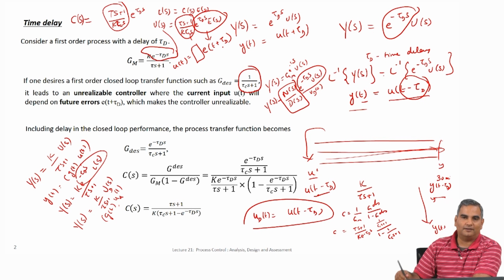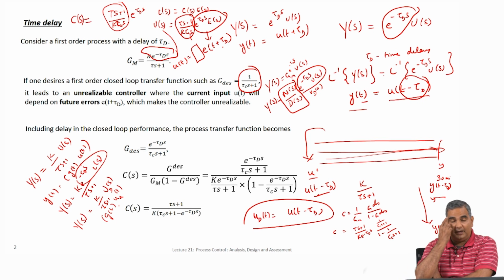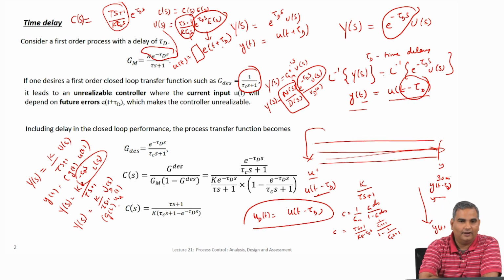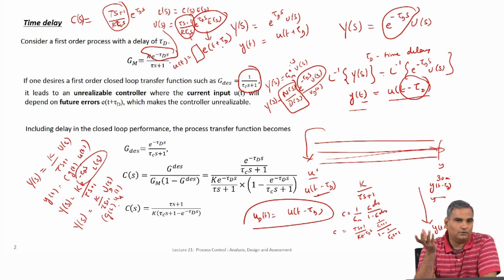So now you see where the problem is, right. To make a control move at the current time, I need to know what the error will be in the future, right, and the error is computed as the output minus the set point, and I do not have the output in the future, because I am at the current situation. So how can I get an error in the future to make a control move in the current situation?